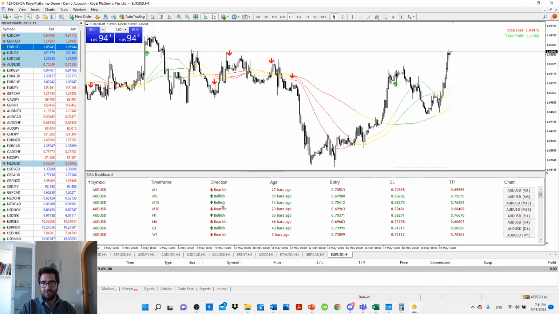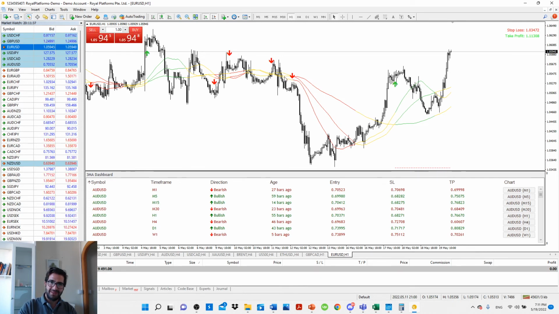It is bearish, and it will give you the age. So when this signal to sell was happening, 27 bars ago, the software gave us a signal to sell. Okay, so it's a little bit late here to consider a sell, because this is the age of the signal.